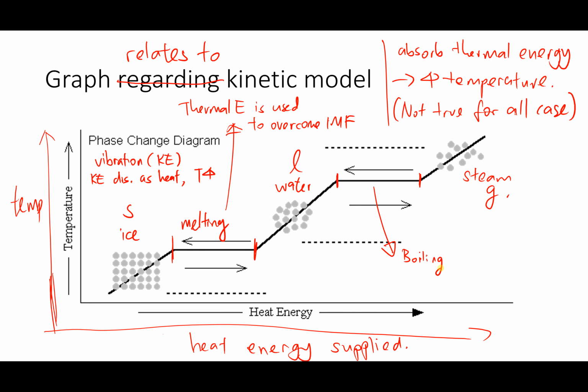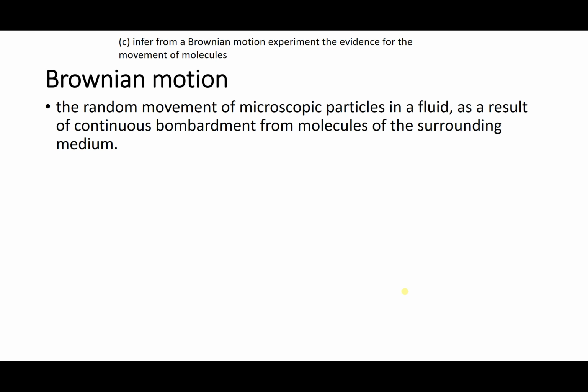Same thing before it goes to boiling, there'll be vibration, which is your KE, and the KE will be dissipated as heat, and when KE is dissipated as heat, we know that T will increase.